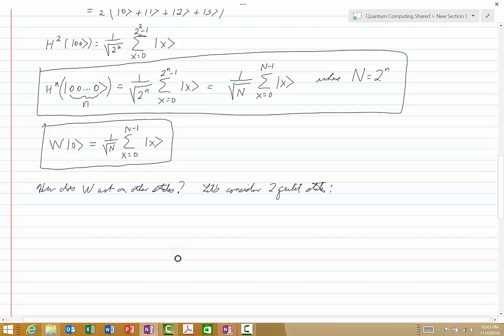Okay, so we already know that W, and by the way, what we're doing here is we want to construct the W matrix. So W acting on 0, 0, we have already learned will be 1/2 0, 0 plus 1/2 0, 1 plus 1/2 1, 0 plus 1/2 1, 1.